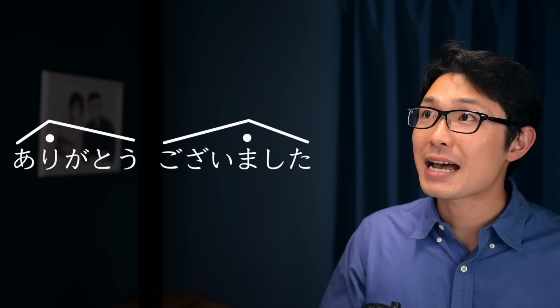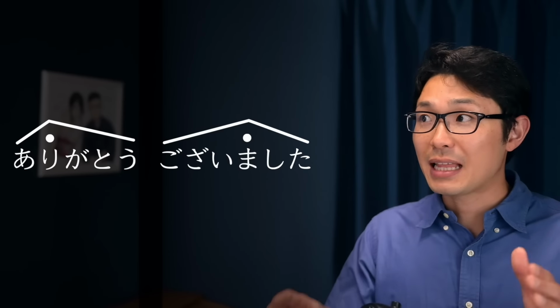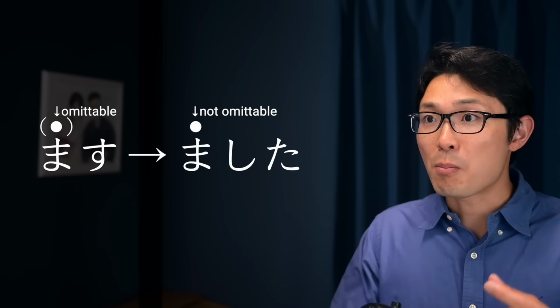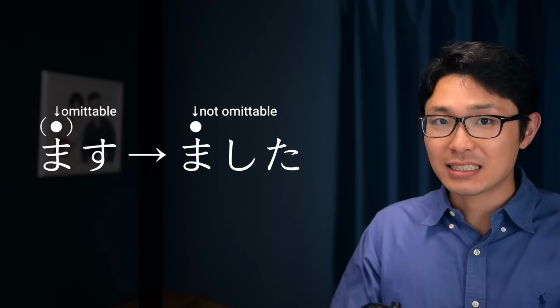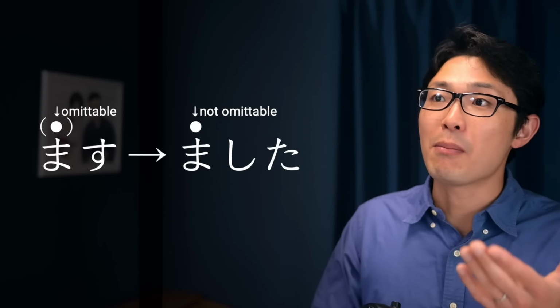皆さん、ありがとうございました. You might wonder, wait a second, when I said ありがとうございました, there's an accent on ま. Well, that is because when you conjugate them, for example, ます becomes ました, then you cannot omit the accent on ま.